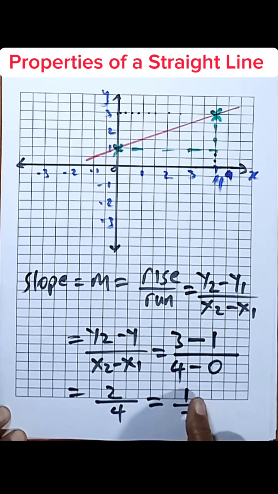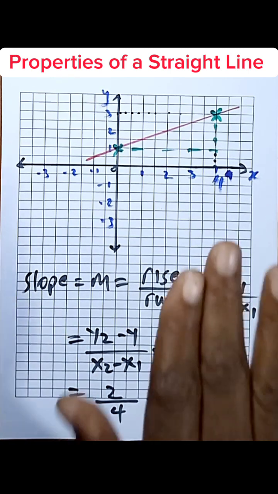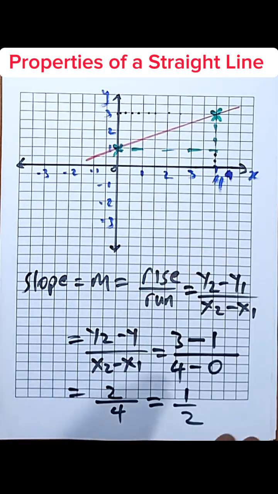If the rise is 1 step, the run is 2 steps. And it is positive. There is no negative sign here. So that simply tells us that the slope of this graph is not very steep. That is what this figure tells us.